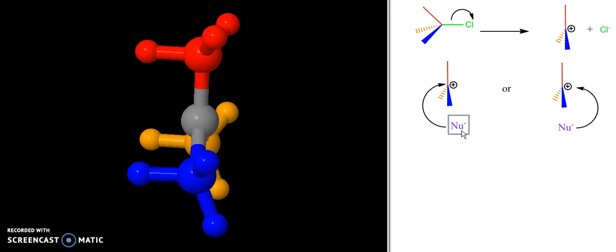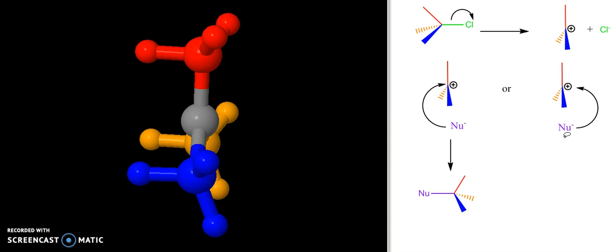If it proceeds as shown in this instance, attacking from the way I've drawn it, the left face, what we end up getting is this product, where my nucleophile is coming out from the left side of the molecule the way I have it drawn, and my three groups have been pushed back to the other side, and I now have my sp3 tetrahedral shape returned.